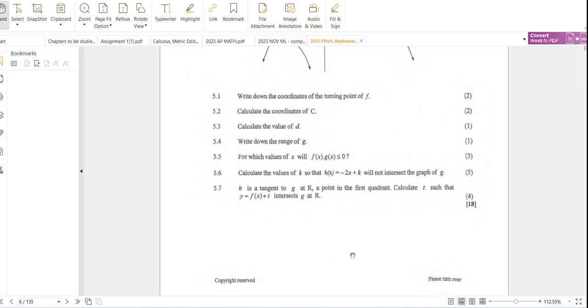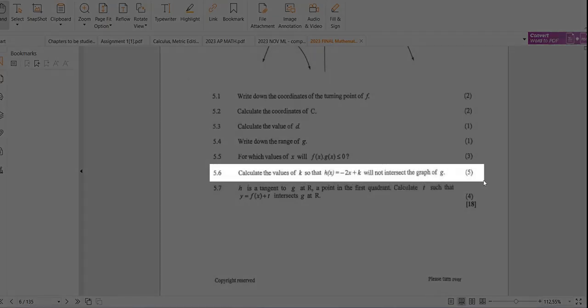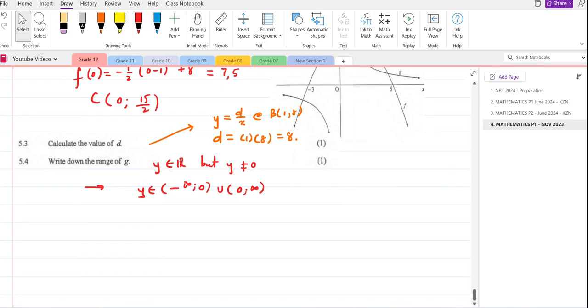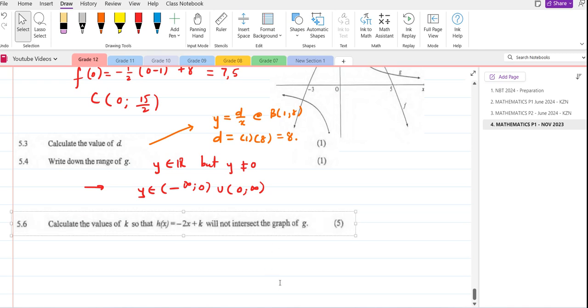5.6. Calculate the values of k so that h of x equals negative 2x plus k will not intersect the graph of g. Now we need to think about this question, because it's more like a level 4 type question.